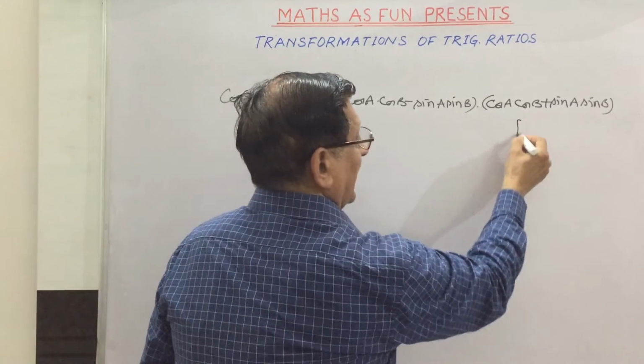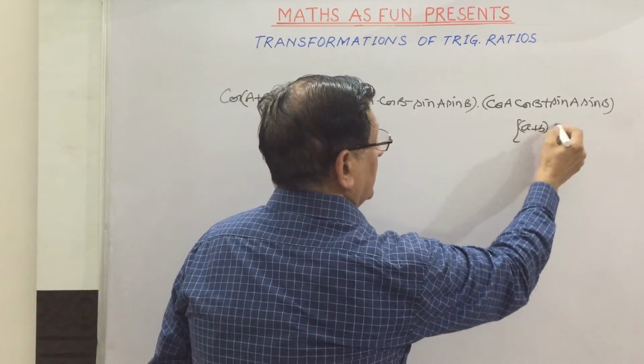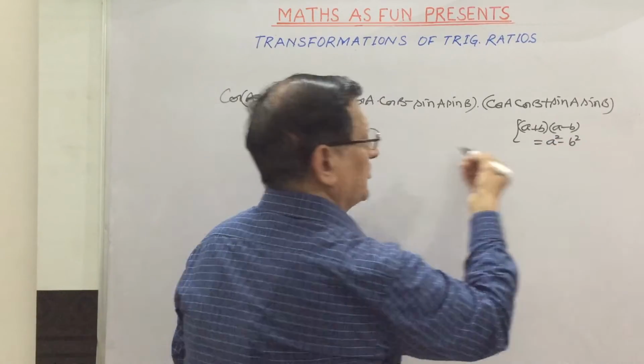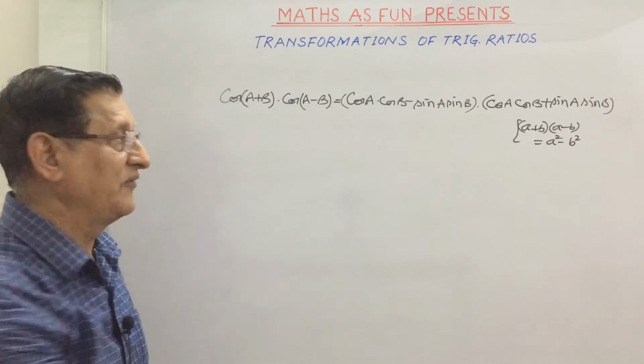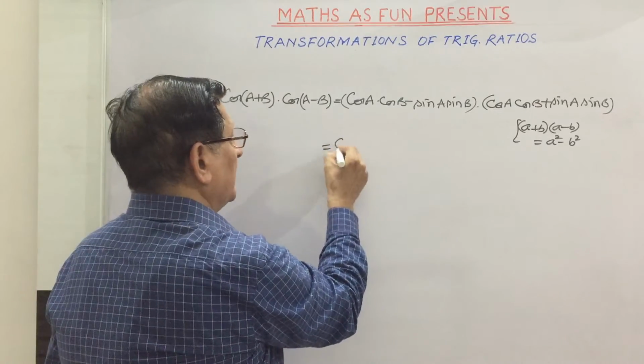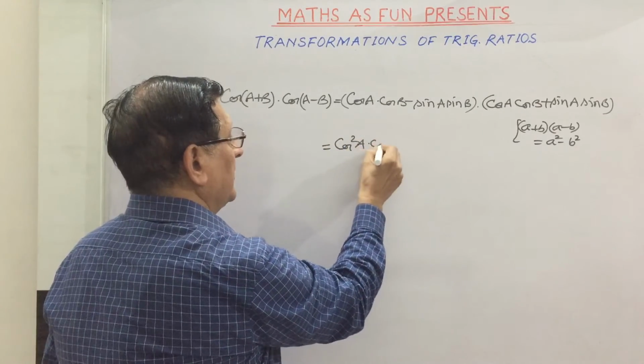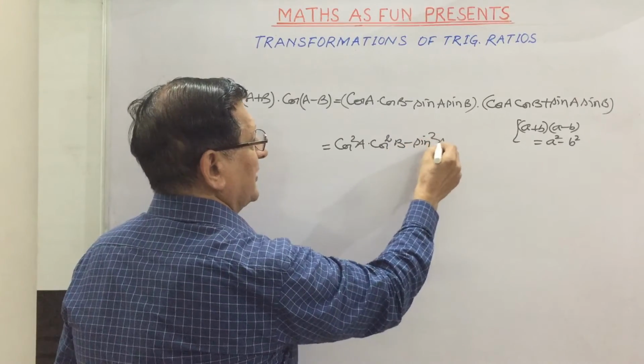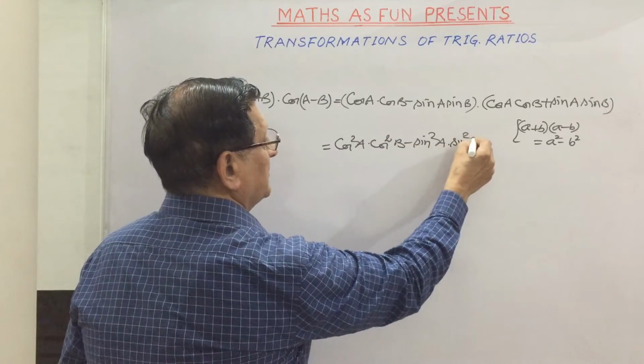It means identity (A plus B) into (A minus B) equal to A square minus B square can be applied. And if we apply this identity, it becomes cos square A into cos square B minus sine square A into sine square B.